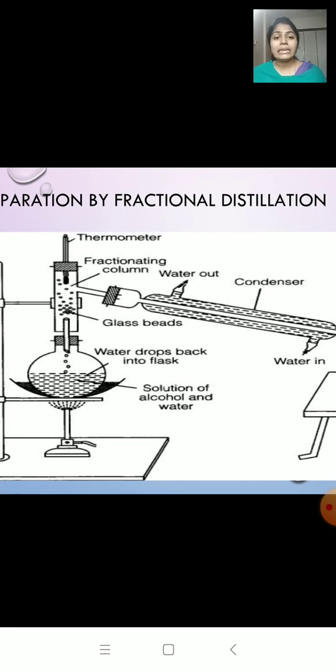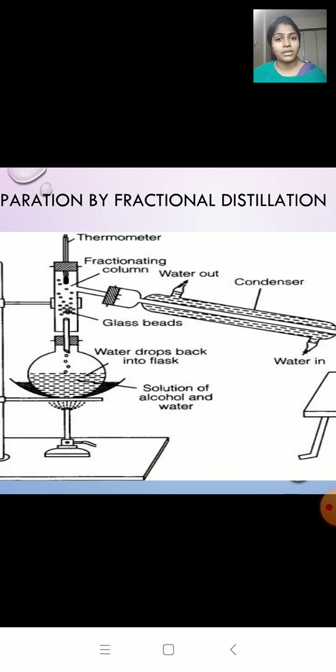Now when this alcohol is turning into vapor, there is hardly any difference in the boiling point. So even if water turns into vapor or steam and starts rising up, what will happen? We know that the top part of the fractionating column is 78 degrees Celsius and the boiling point of water is 100.